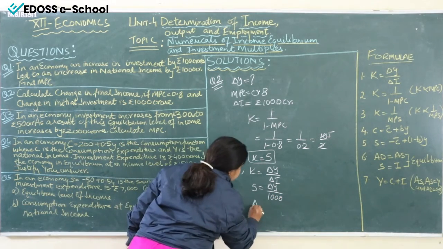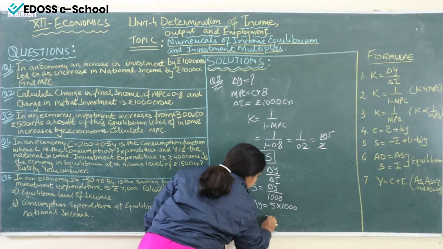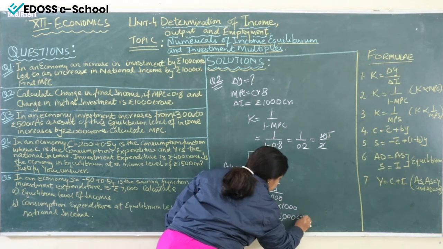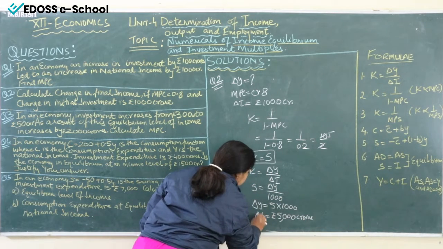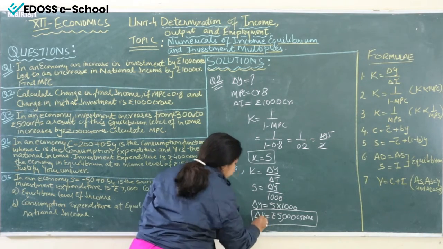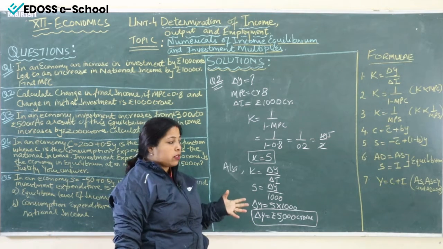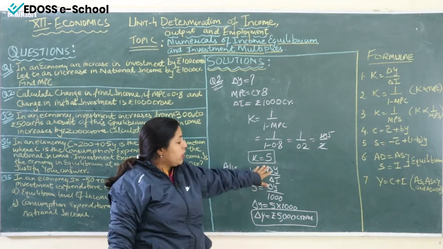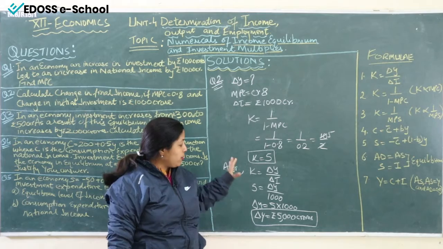So delta y will be 5 into 1000, that is rupees 5000 crores. This is delta y. So here is the answer which we had to calculate. Here we have made use of two formulas: first the formula of MPC and second the formula of delta y upon delta I. I hope you have understood this second question.